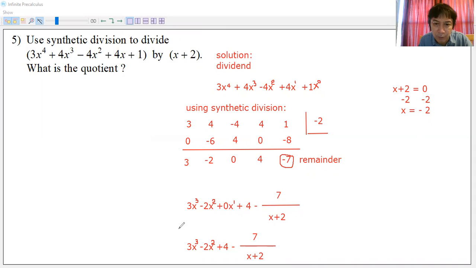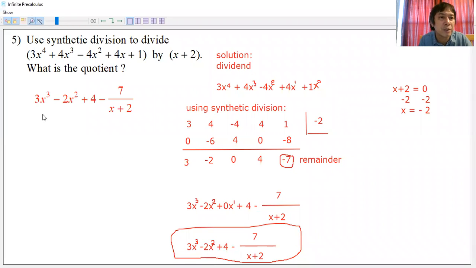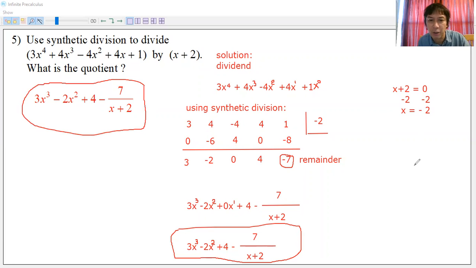This is our quotient. We can check and verify from the computer's database. You can see it over here below the question. It matches our solution and answer, and that's it. So we're correct with number 5.